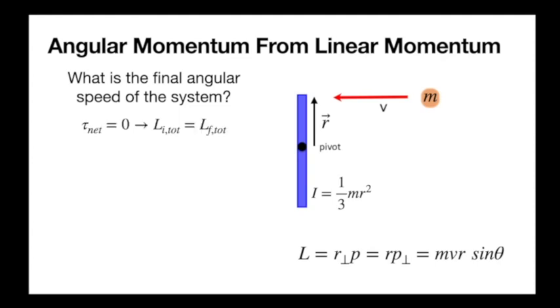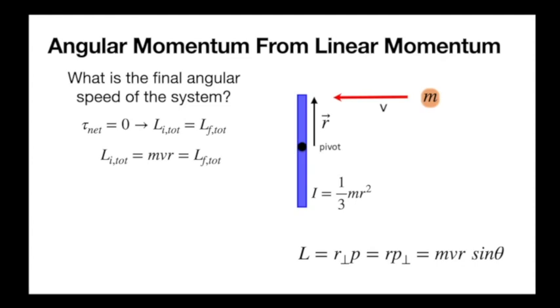So first thing to identify is that tau net is 0, or F net is 0, since there's no net force or net torque in this system. It's just two objects colliding and interacting. And so our initial angular momentum is equal to our final angular momentum. Our initial angular momentum is just whatever angular momentum the ball traveling in a straight line has, and we know how to calculate that. It's just mvr.